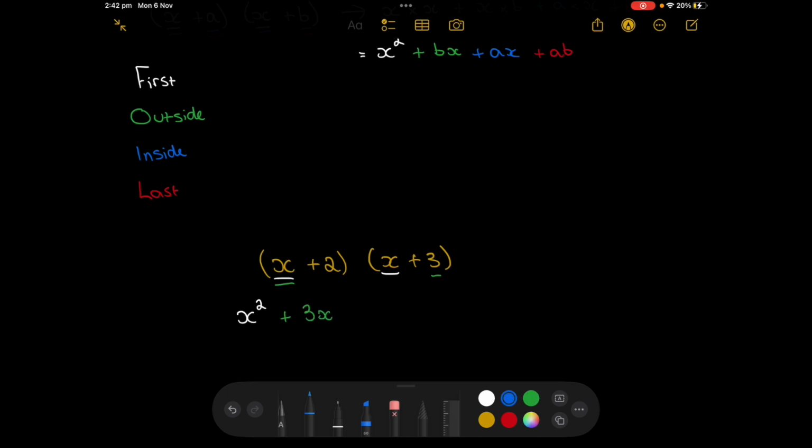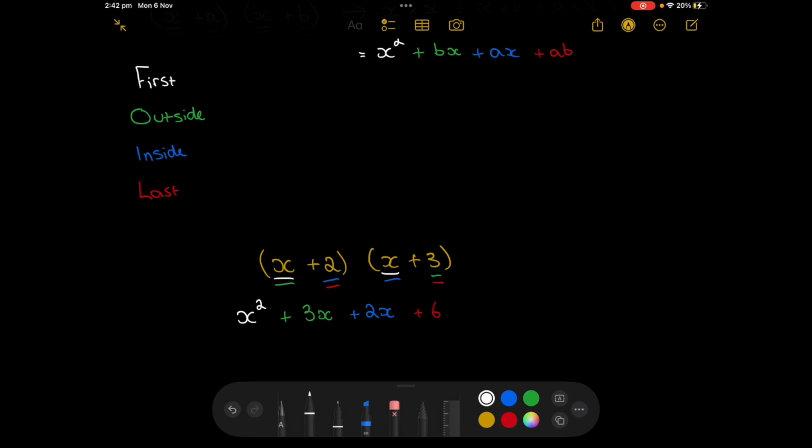Next, we're going to do what's on the inside of each bracket. So we have 2 and x. 2 times x is 2x. And last is going to be our last term in each bracket, which is 2 and 3. 2 times 3 is 6.